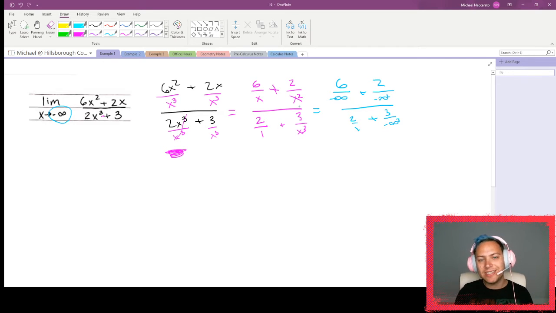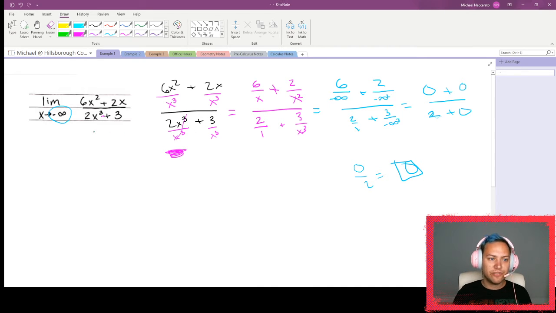Well, any of these things that are over infinity are 0 because 6 out of an infinite number of things is just 0. 2 out of an infinite number of things is still 0. 3 out of an infinite number of things is 0. So I end up with 0 plus 0 over 2 plus 0. Well, simplifying that, I get 0 over 2, which is just 0. So the limit as x is approaching negative infinity of this expression is 0.